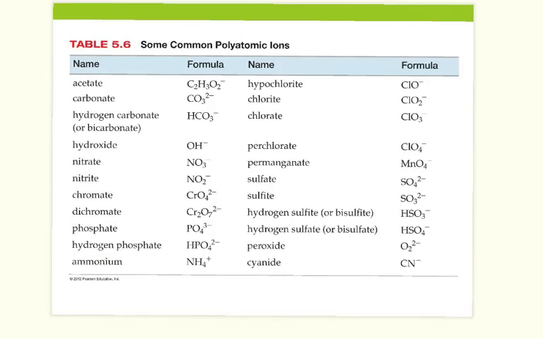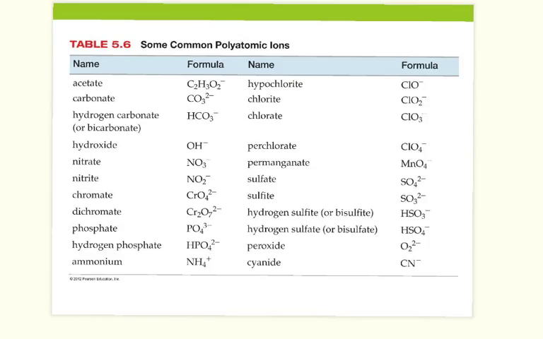Okay, so let's talk about some of the polyatomic ions. What do we do when it's no longer a binary compound? Well, just remember that we have to memorize our polyatomic ions so we learn to recognize them as a group.